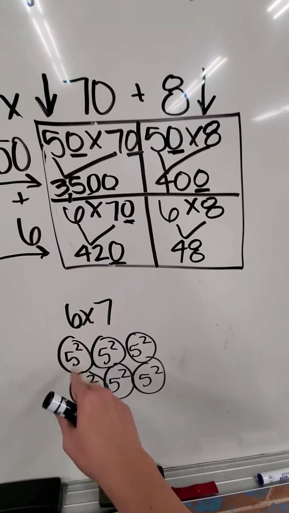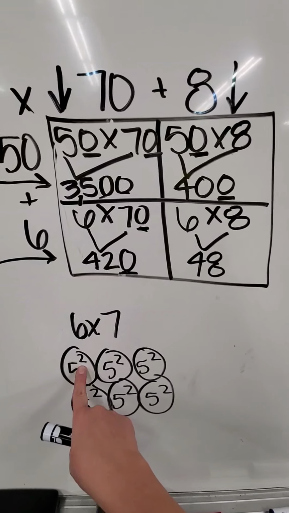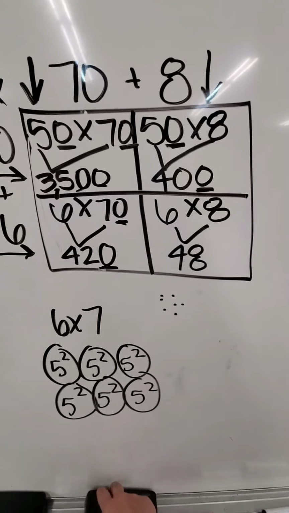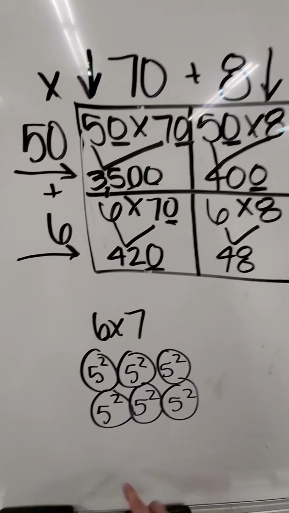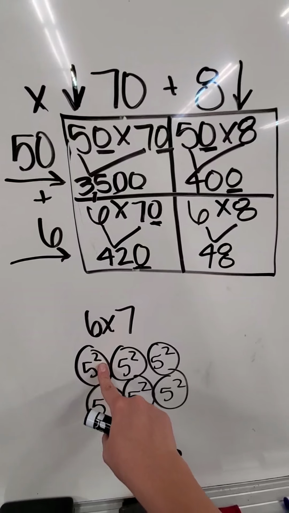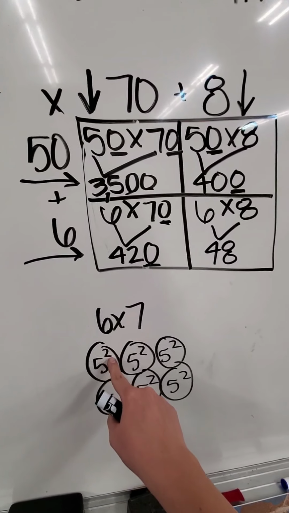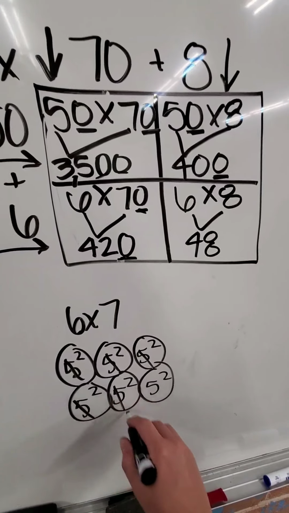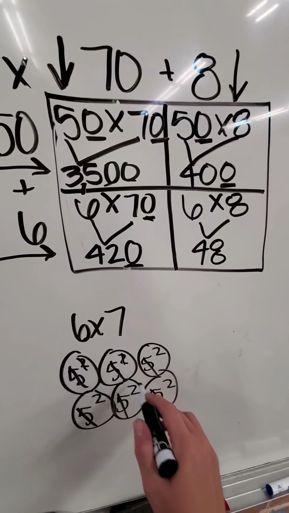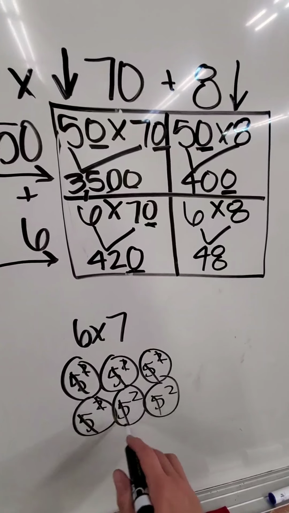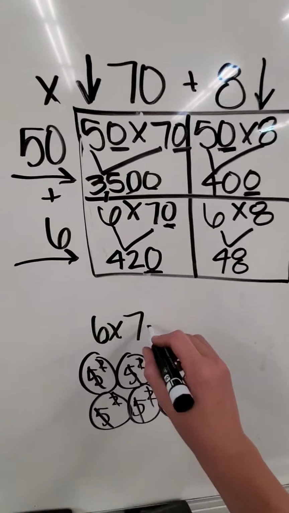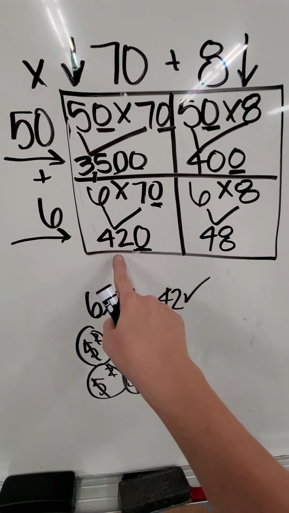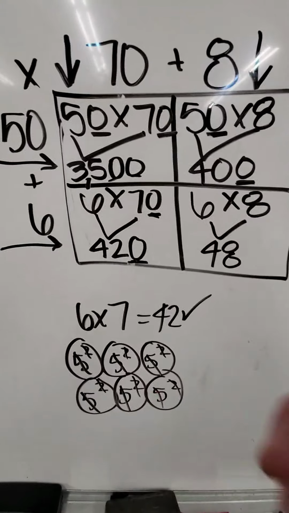I put 5 and a 2 because it's really easy for me to count by 5s and by 2s instead of making a bunch of little dots. Because 5 plus 2 is 7, I can count 5, 10, 15, 20, 25, 30, 32, 34, 36, 38, 40, 42. So it does equal 42. I was correct. So I know 6 times 7 is 42, and I just checked it.